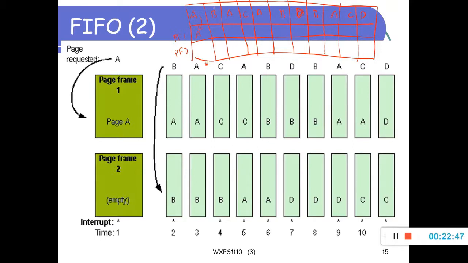For the second one, page B needs to enter, and it is not in memory, so B has to be entered into page frame 2. The current one is A and the new one is B. B is entered. So this again is a page fault.